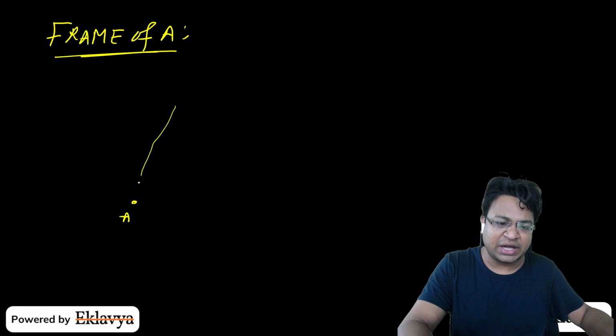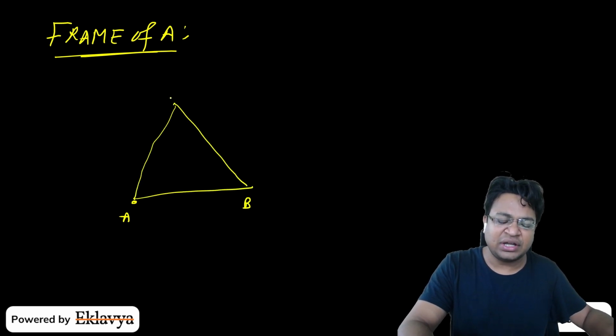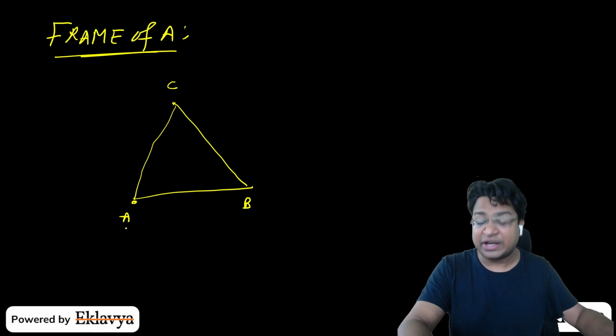But let's go into the frame of A and then analyze the situation. From this frame, A appears to be at rest, and B and C are allowed to move in any direction.